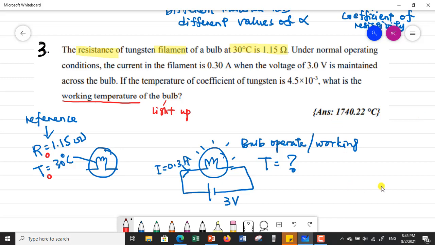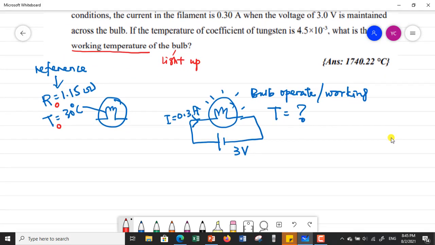So how are we going to relate the final temperature with the initial temperature? We know that when the light bulb is operating or working, it is heating up. Dia jadi panas kan? Lampu mentol yang bernyala tu dia panas, filament ni panas, barulah dia boleh nyalakan lampu tu.